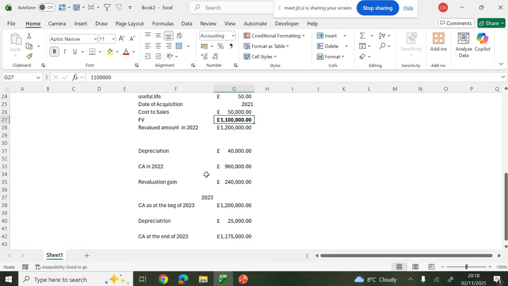So that's how you determine if there's cost of sales. You have cost of sales of 50,000, so you take away your cost of sales from the figure, either of the two, which will give us 1,050,000. Please, can you copy and paste the fair value so that we can also obtain the valuation amount?